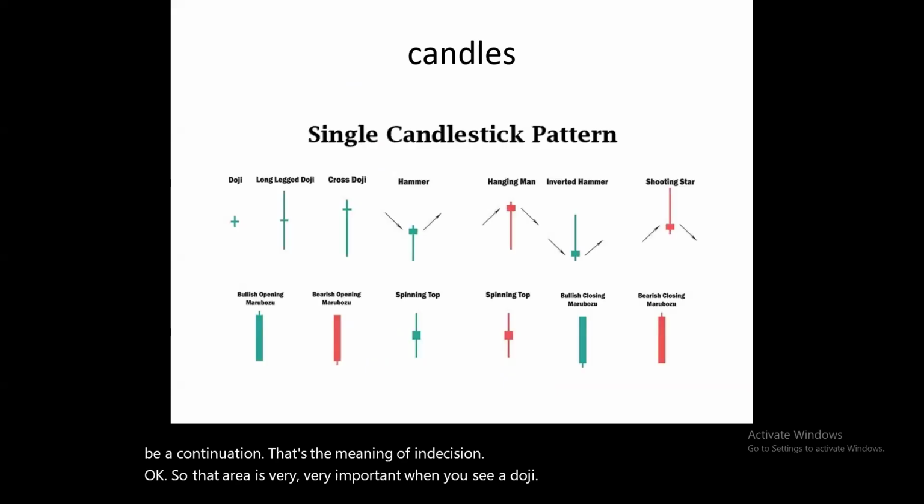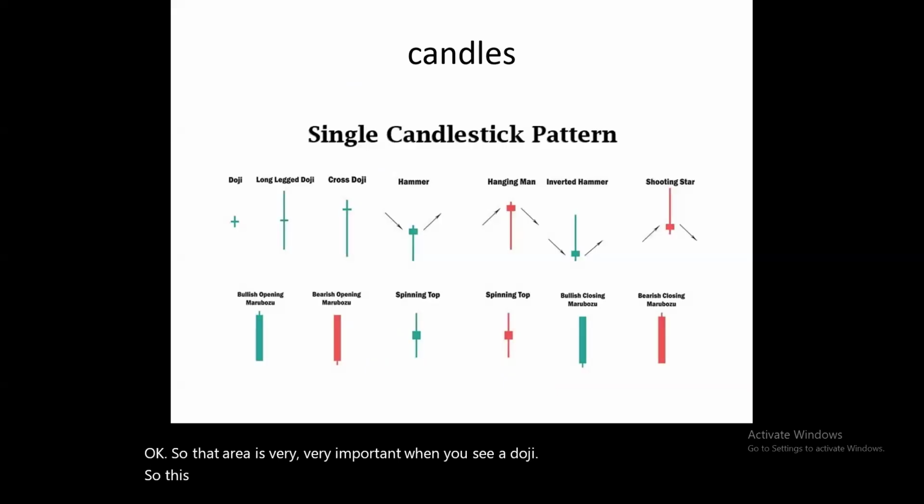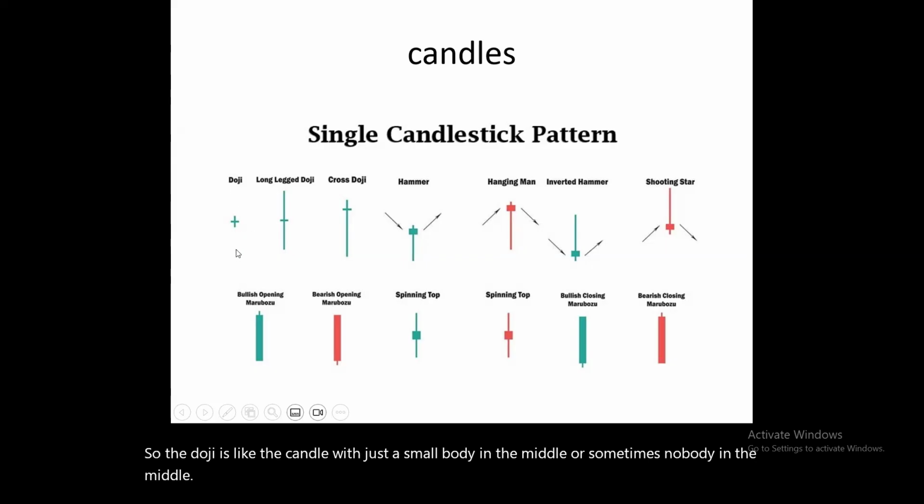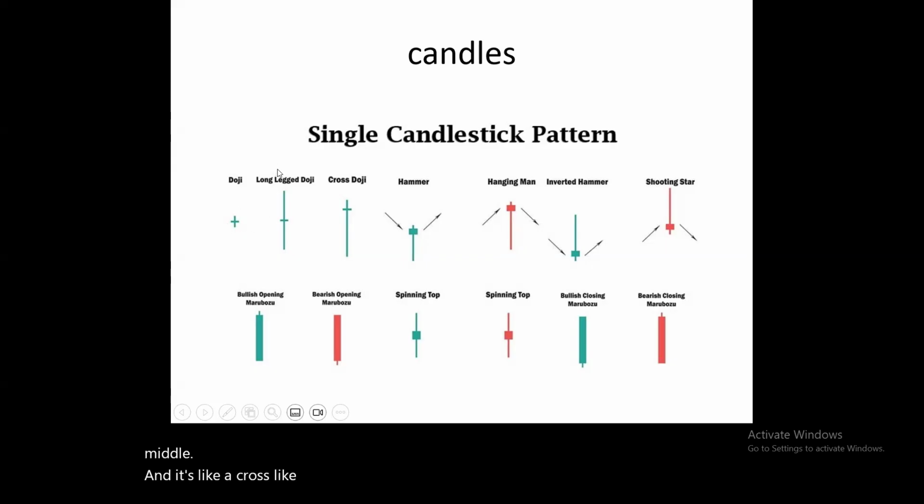So these are some of the pictures of the single candlestick patterns, if you don't know any of them yet. The doji is the candle with just a small body in the middle, or sometimes no body, like a cross, like a plus sign.